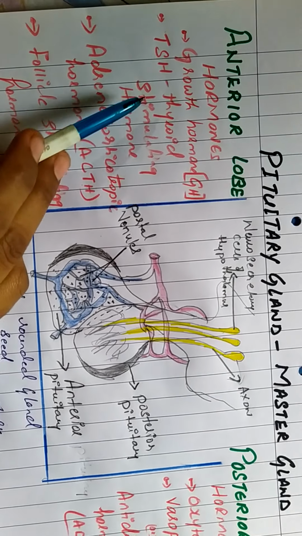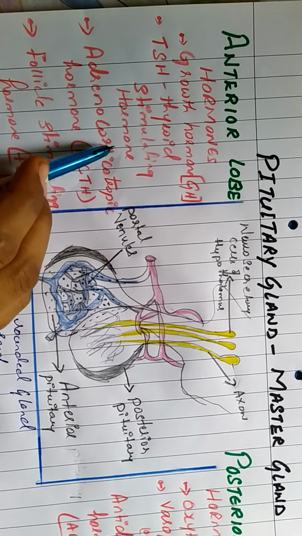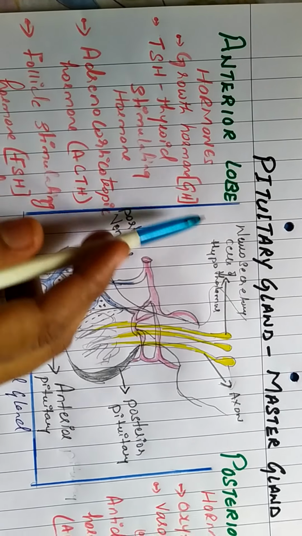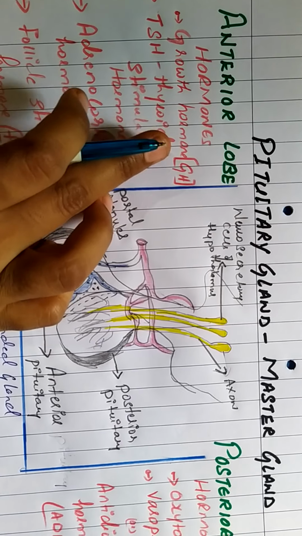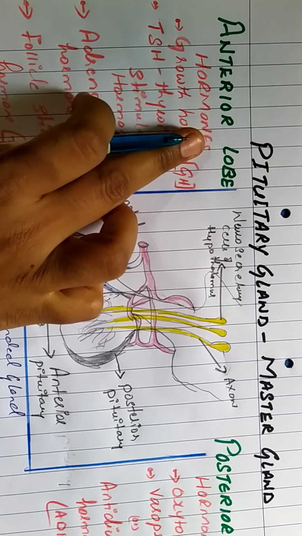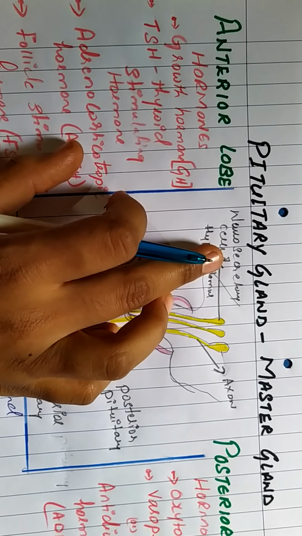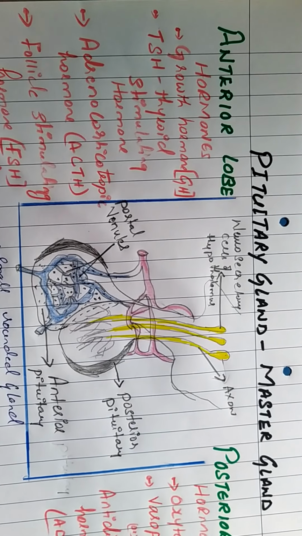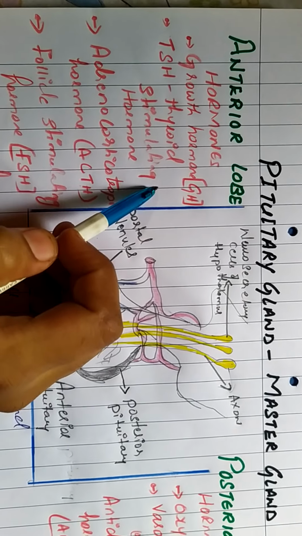Next is the thyroid stimulating hormone. It controls the growth and function of the thyroid gland. This thyroid stimulating hormone is produced in the anterior lobe of the pituitary gland. So it maintains the normal function of the thyroid gland to produce thyroxine hormone.